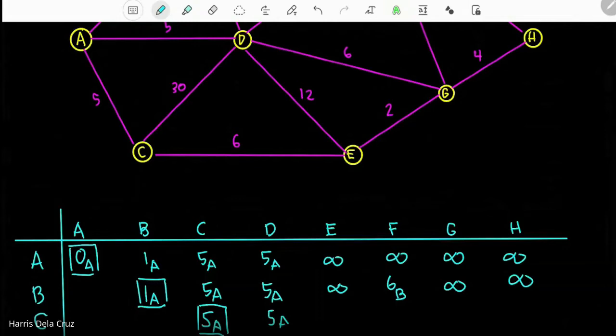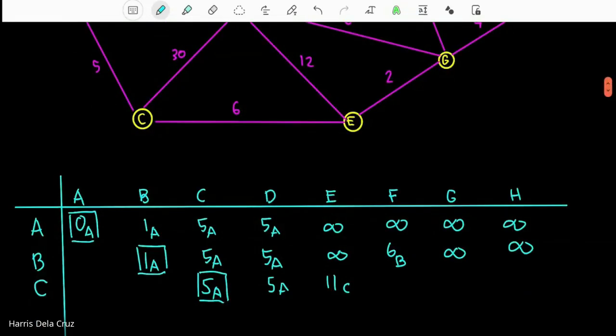On the other hand, we can reach E from C with a label 5 plus 6 or 11. Since 11 is smaller than infinity, we're going to use that temporary label, 11 sub C. Now, since vertices F, G, and H cannot be reached directly from C, we are going to keep those temporary labels for F, G, and H. So we're just going to copy 6B, infinity, and infinity.